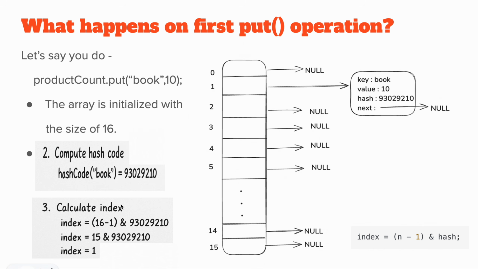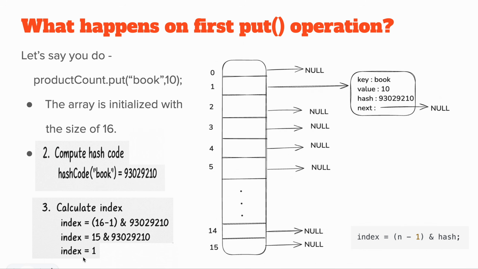After that, index calculation happens. It calculates the index where this key-value pair should go. The index is calculated using this statement: n minus 1 bitwise AND the hash code, right? So assume after this index calculation process, we get index 1.